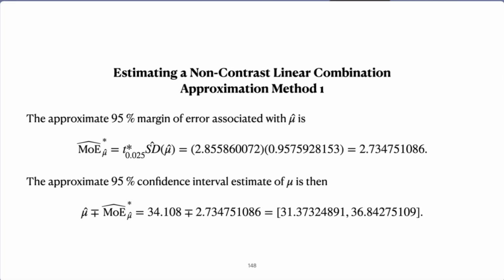Finally, taking the point estimate along with this approximate 95% margin of error, we get the approximate 95% confidence interval estimate of mu, which ranges from about 31.373 up to 36.843. So again, do this calculation on your own to make sure that you can get that. Compare your results to mine and see what you get.